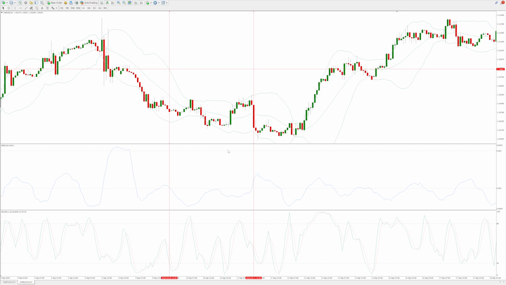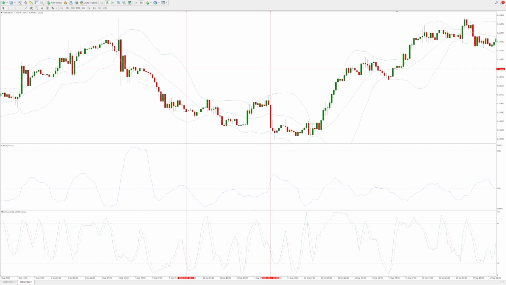ATR is good in ranging markets for picking tops and bottoms in combination with other indicators. You can choose from any indicator that you prefer using, and it's also good for avoiding over-volatile markets.